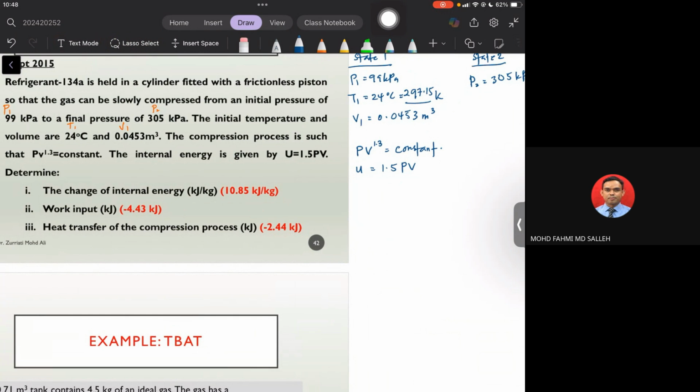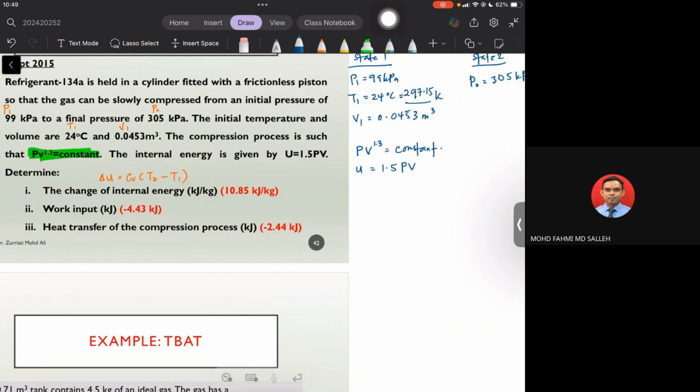Thus, the change of internal energy will be given by Cv times T2 minus T1. And then the work input, since we know that this is a polytropic process because we have the relation over here, PV power of 1.3 equal to constant.